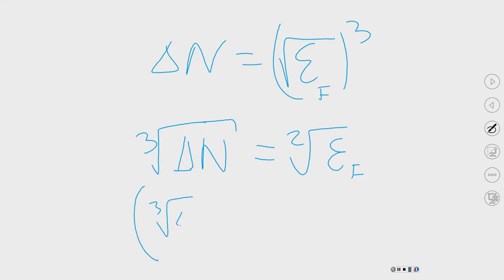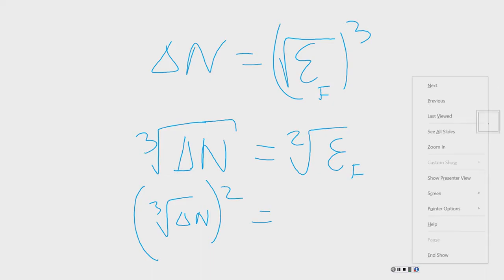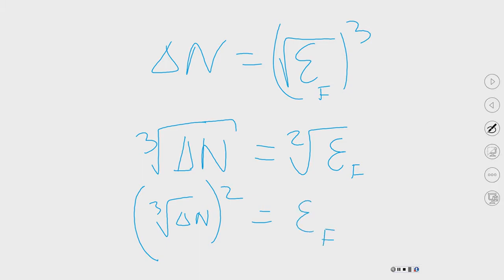No, I need to go the opposite side. No, I'm going right side. Cube, right? And if you do the square of the third root, it will be just delta n to the power of 2/3.